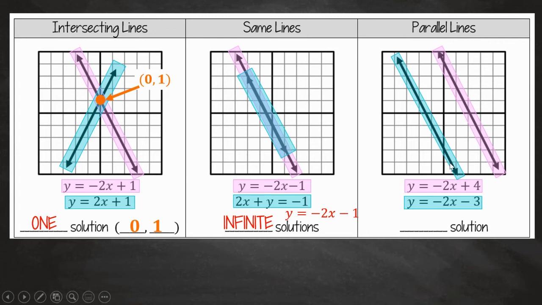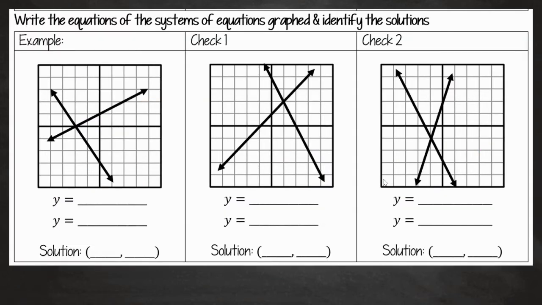Because these lines have the exact same slope, which is negative 2, and a different y-intercept, there is no solution. Anytime you have the exact same slope and a different y-intercept, you have parallel lines, and we should remember that from our previous modules. And when we have parallel lines, they will never intersect. All right, so there's no solution.